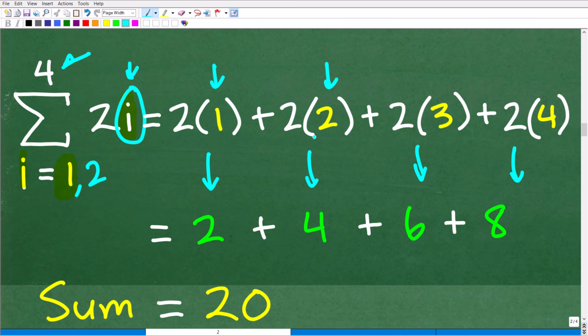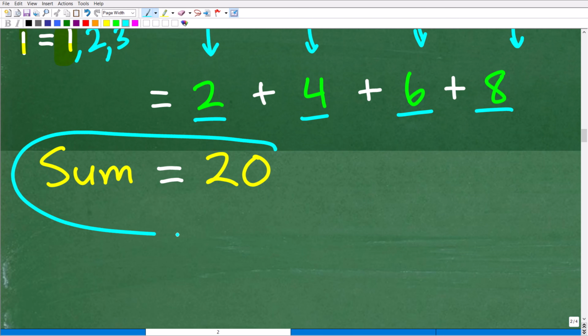That's 2 times 2, and then we add the next term, which is 3, because we're indexing up. And then we add our final term, our upper limit, which is 4, plus 2 times 4. And then all we have to do is simplify. 2 times 1 is 2, 2 times 2 is 4, 2 times 3 is 6, 2 times 4 is 8, and we add up all those lovely numbers, and we get the sum of 20.